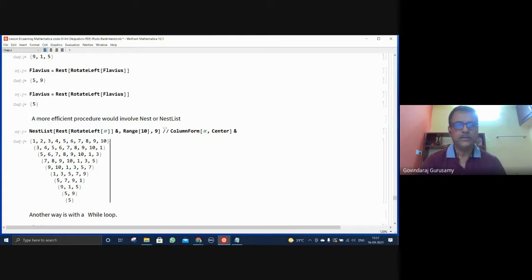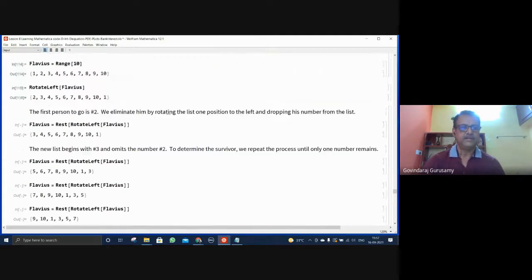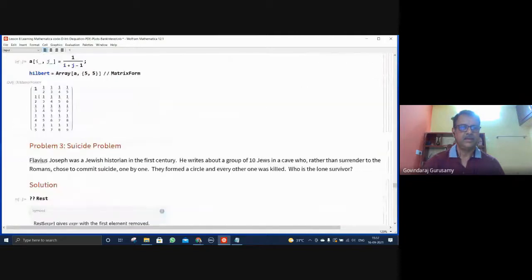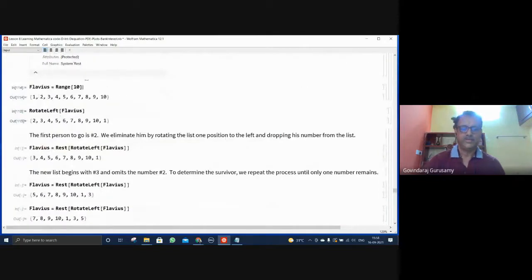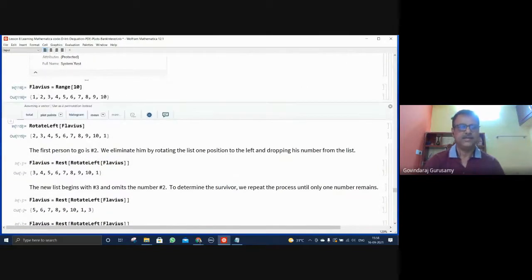So now you can see the NestList operating on this. Probably this should be done 9 times. That's what it means. NestList should be done 9 times. The 10th time automatically ends up with this number. Okay, probably if I change, I will start from here. Range the first, yes, here.